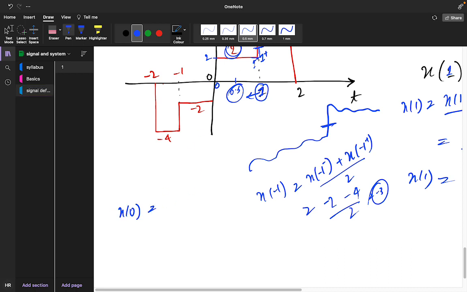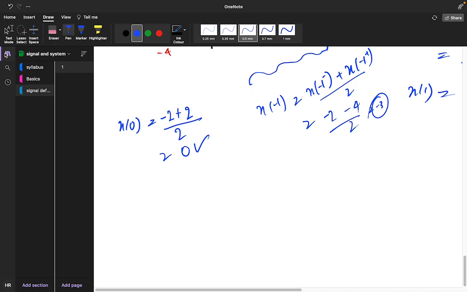See, at x equals 0 minus, what value are you having? Minus 2. At x equals 0 plus, what value are you having? Plus 2, divided by 2. So 0 will come. Understood? Guys, understood? Yes, sir. Now write a very important concept.